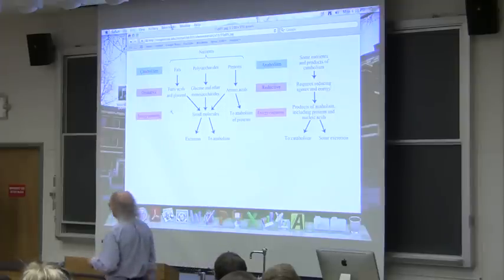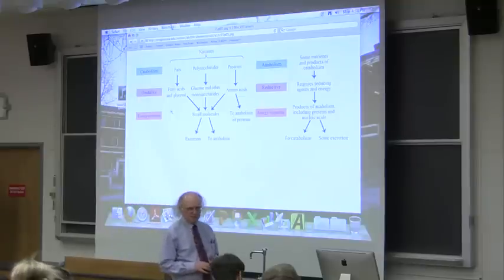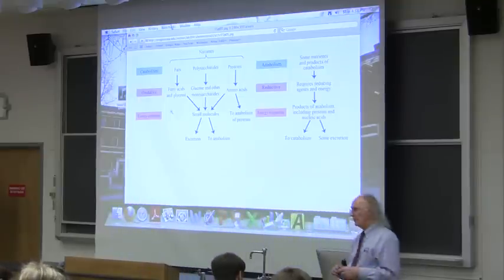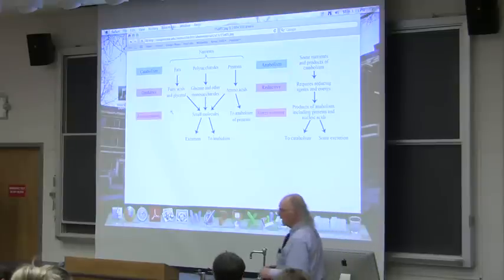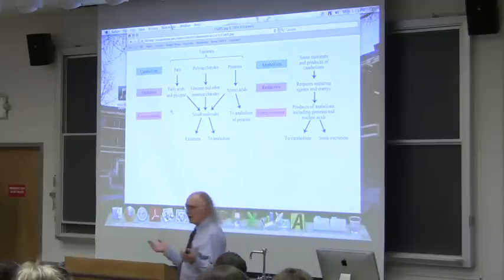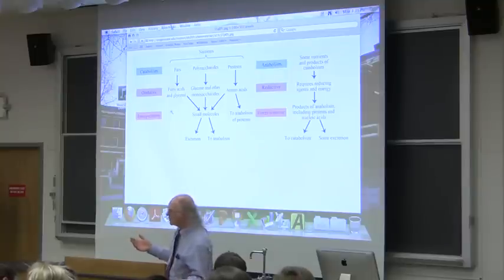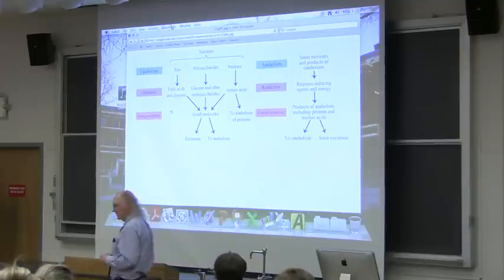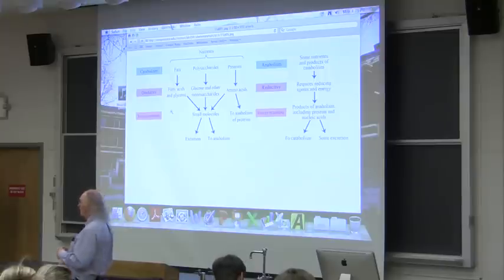Catabolic processes are oxidative. Things get oxidized as a result of catabolism. When we oxidize glucose, we produce carbon dioxide. That's an oxidation process. Oxidation processes are energy releasing in general. They release energy.